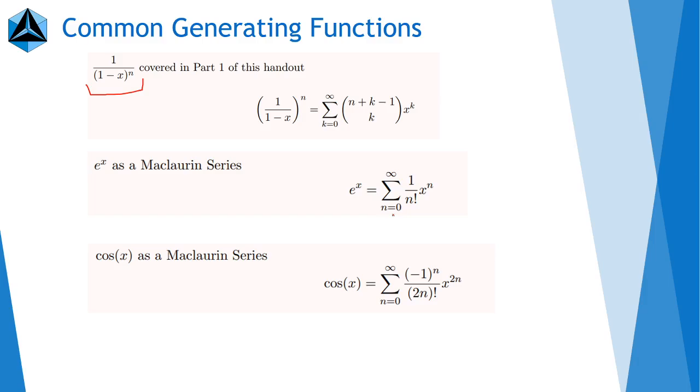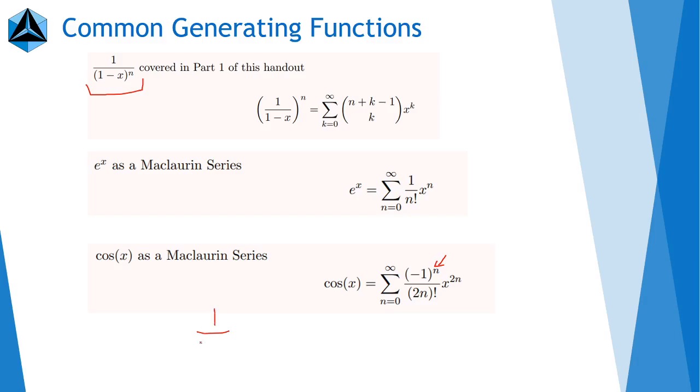You have cosine of x as a Maclaurin series, and this also comes from taking derivatives of cosine of x, and that has a pattern to it, and that's where this generating function comes from. As you can see, it's alternating, (-1) to the n. It means it flips signs every term. I can list out the first few terms for you.